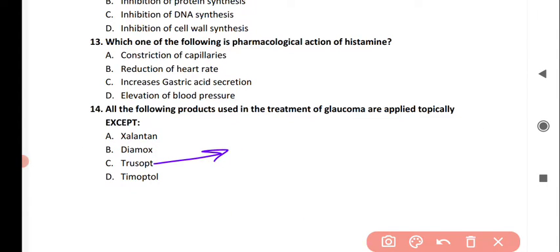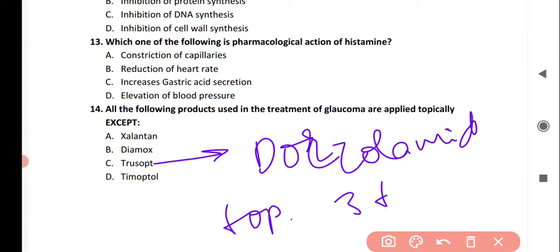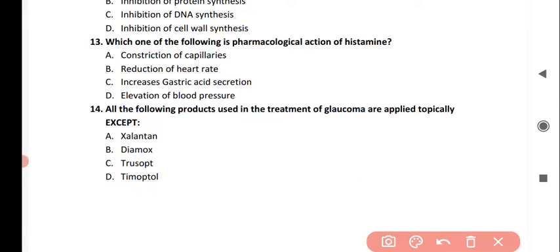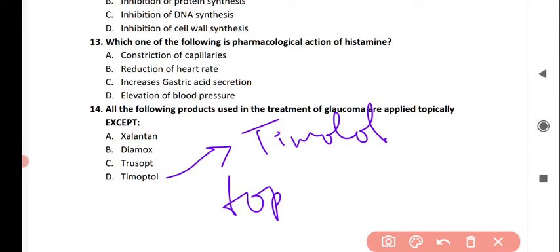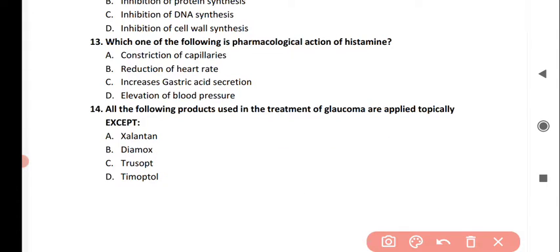Then Trusopt is dorzolamide, and it is given topically 3 times a day. Then Timoptol is simply timolol, and it is also given topically, 1 drop a day. So option B will be correct for this question.